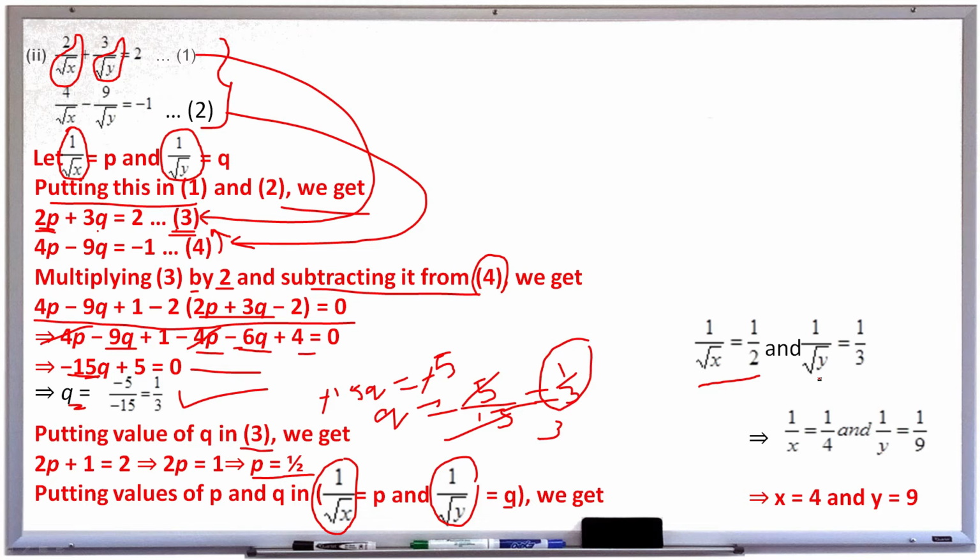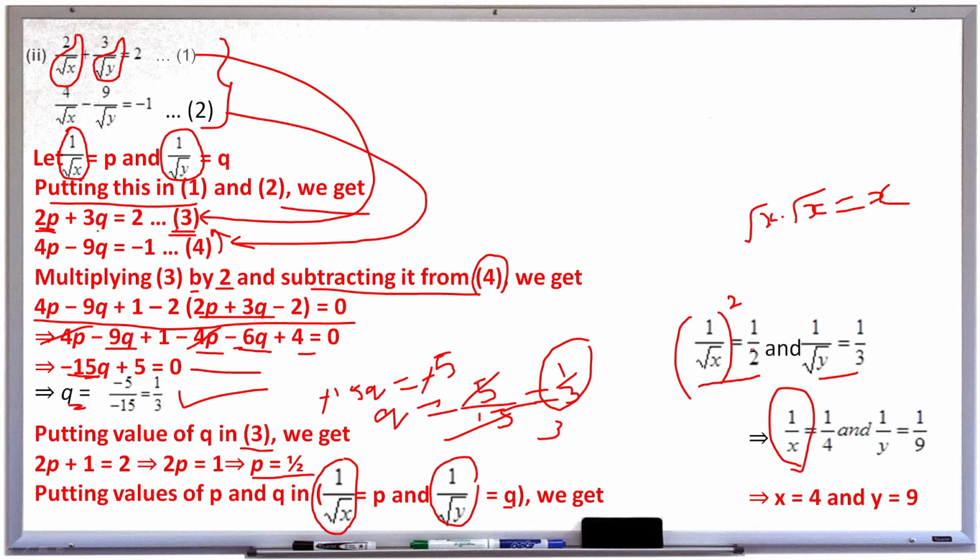So simplifying this one, cross multiply. So here 1 by root x is equal to 1 by 2. How are we going to handle it? Just square it, because the root is in the denominator. So when you square it, root x into root x will become x, so 1 by root x into 1 by root x will become 1 by x.